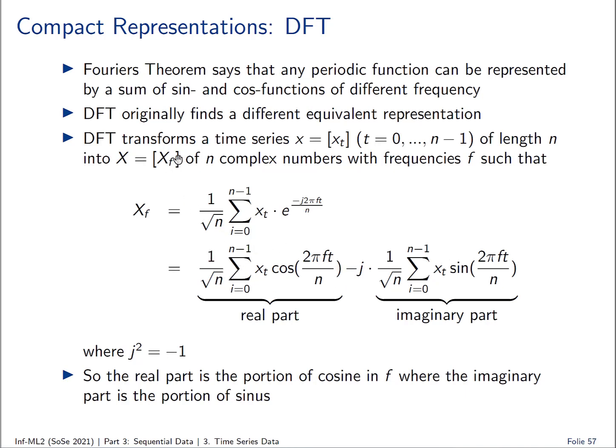Each frequency, each complex number at a given frequency, can be computed. As this one here consists of a real part and an imaginary part, since it's a complex number. So the basic idea is to transform the time series x of length n into another sequence of length n, and the sequence now consists of complex numbers, and we call the time slots now frequencies of this new representation here.